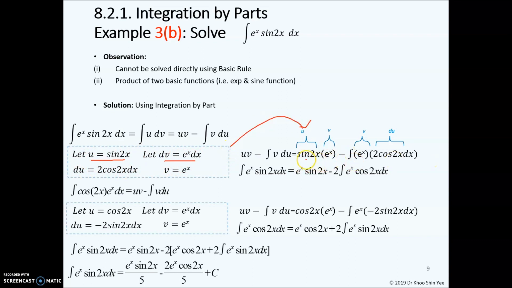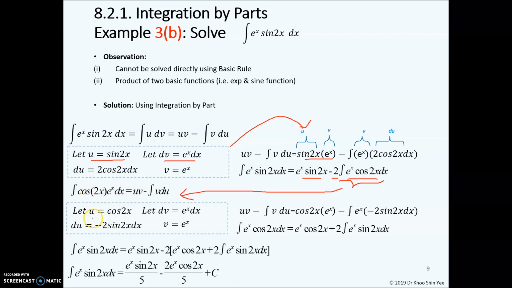So let's continue. We substitute the u, du, v, dv inside the formula. We get this. So these two terms multiply together. We get back this term minus e^x cos 2x, where your constant 2 can be brought forward. Then we can see that this term is a product between exponential and cos. So we can use integration by parts to solve it.